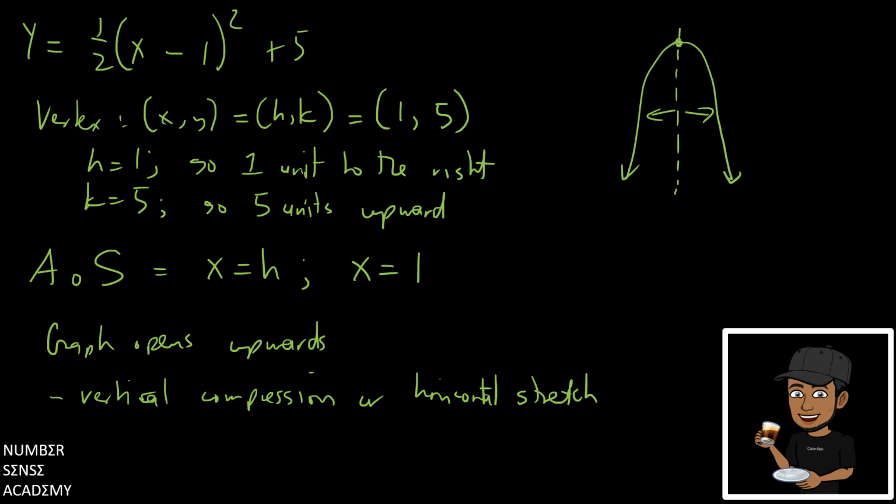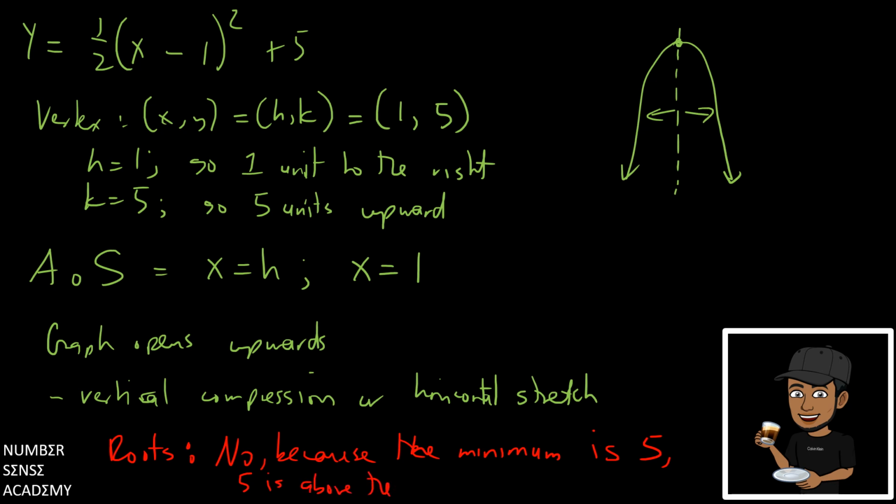Okay? And then the other question I could ask myself is, does it have zeros? Does it have roots? Are there roots? And the answer is no, because the minimum value is 5, which is above the x-axis. 5 is above the x-axis.